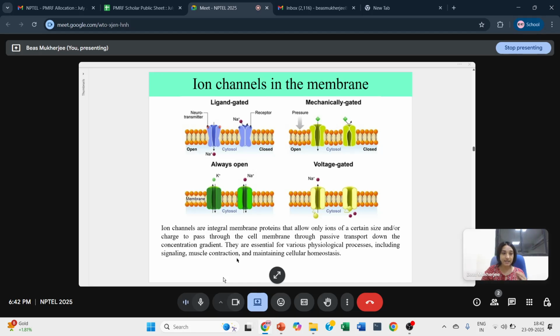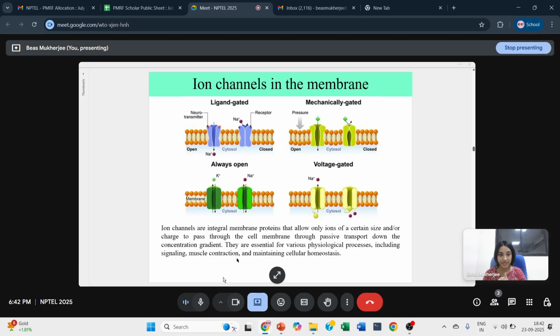Ligand gated means that a particular ligand comes and binds to it, let's say a neurotransmitter. Only when that is binding, the channel opens and allows sodium to pass through. The next one is the mechanically gated channel. Only when there is a specific amount of pressure in the cell, it gets closed or opened, because of which the ion can either pass through or not pass through depending upon the pressure.